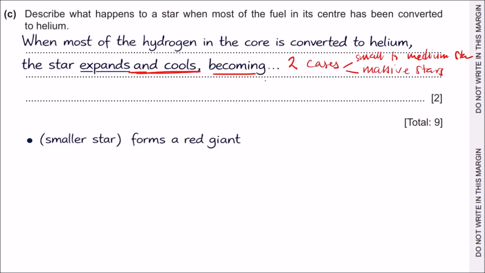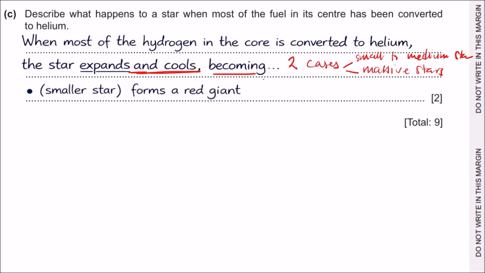Then small to medium stars form a red giant. So this is mark number 2 for those who decided to go with small to medium stars. If you want to talk about massive stars, you say they form red supergiants.